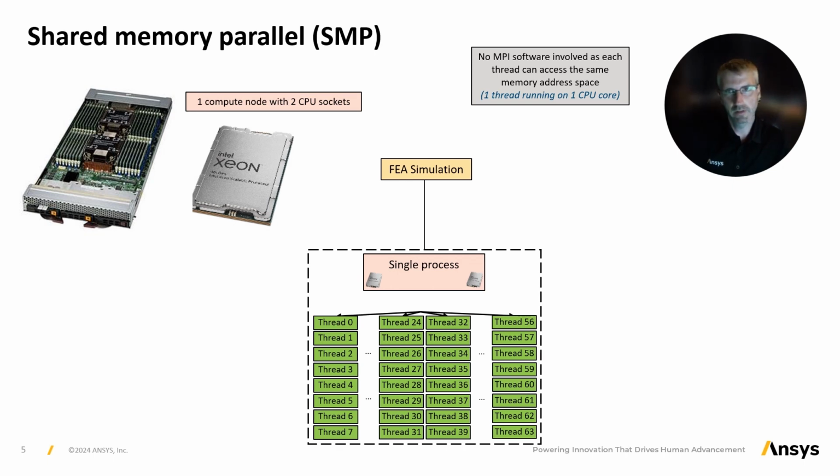So in this situation, for using shared memory parallel, the finite element simulation is going to launch one process, and within that one process, it is going to be running multiple cores to achieve parallel computations. So in this case, no MPI software is needed because all of these threads and all the computations are done within a single memory address space. So here we're going to have one thread running on each of the CPU cores.